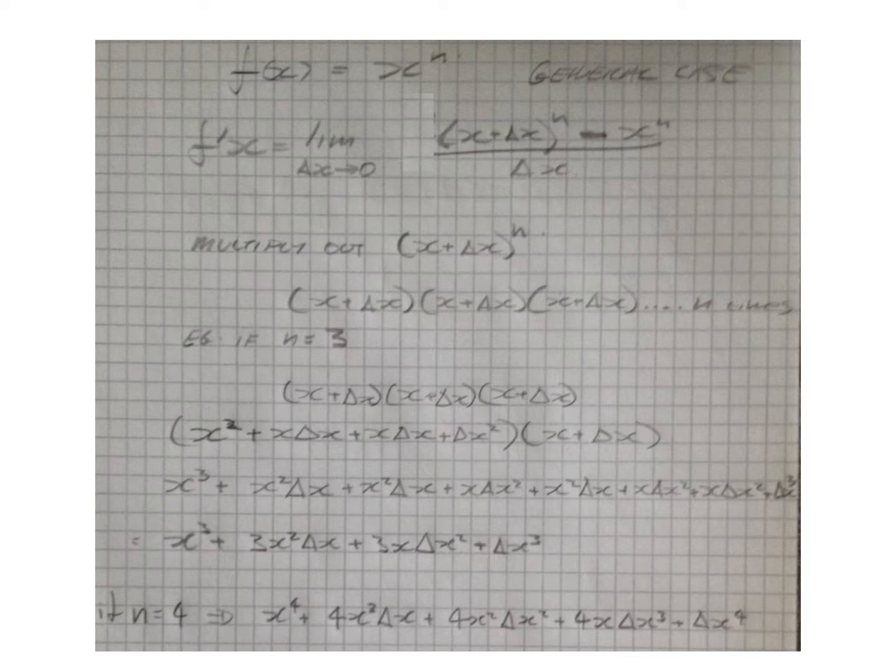So that would just be x plus delta x, x plus delta x, x plus delta x, and the top thing would still be minus x to the power of n. In this case it would be x to the power of 3, so this is basically if n equals 3.